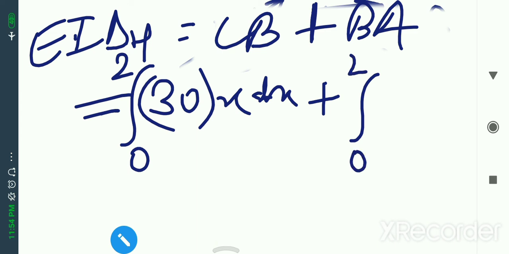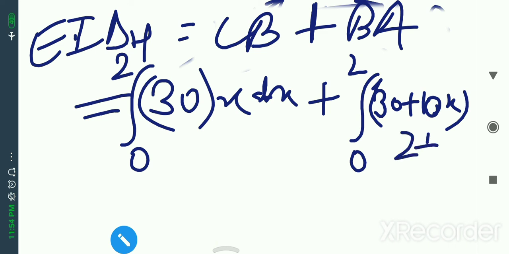What is the value of capital M? It was 30 plus 10x. And what is the value of small m? Small m was x plus 2, or 2 plus x, dx. The limit is from 0 to 2.